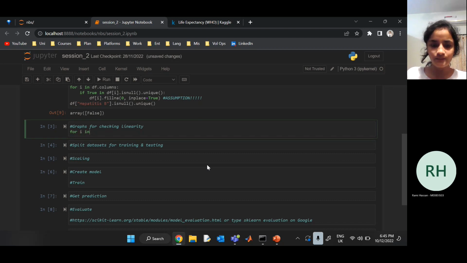So for i in df dot columns, here I'm going to remove life expectancy because I want that to be y. I don't want to compare life expectancy to life expectancy. So all the columns should be x values except for life expectancy. So let me just drop that. To drop, I'll use dot drop, columns equal to life expectancy.